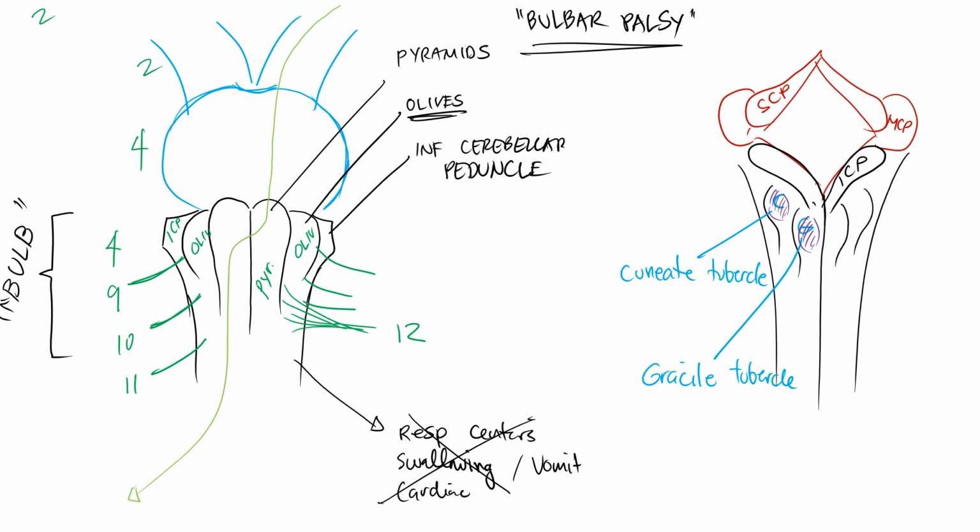Now, when you're dealing with the medulla, your textbooks would usually divide it into 1, 2, 3, 4 parts. Lowermost part, second, third, and most superior. So, the lowermost part is the area where you have your pyramidal decussation.